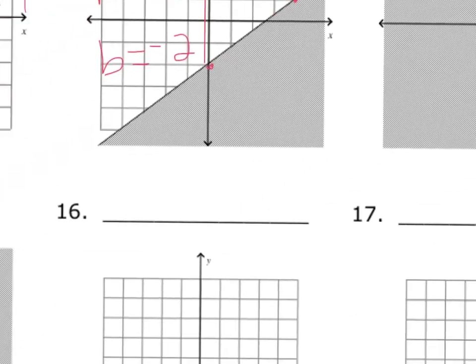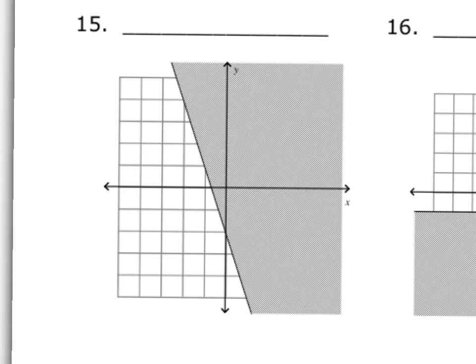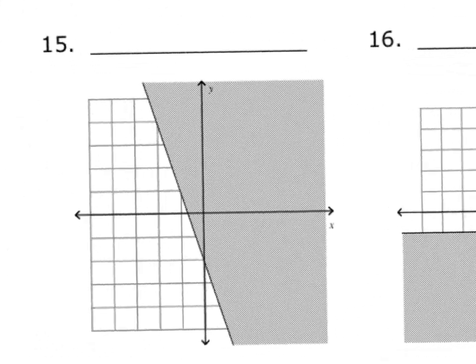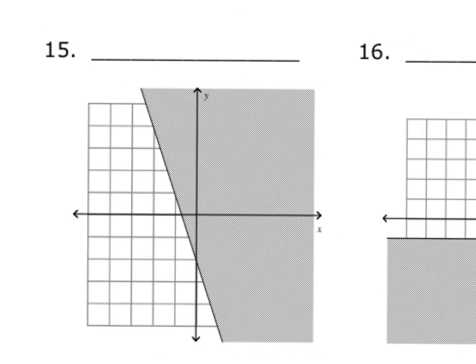Okay, number 15. We have a dotted line again. And the values in the shaded area are greater than the line, so it's above the line. So we have y is greater than but not equal to, and we need the m and the b.